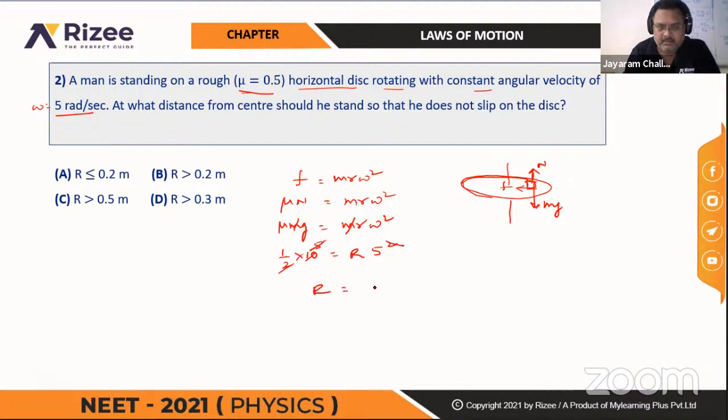The radius is equal to 1 by 5, in the sense it will be 0.2. If the friction is greater than m r omega square, it does not fly off. So the radius has to be less than this particular value. So you can go for the first option here.